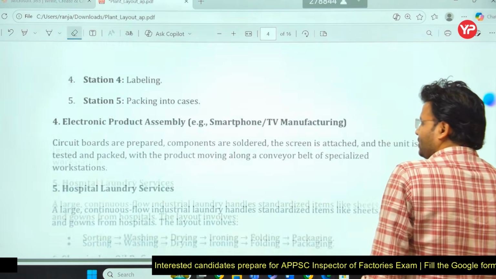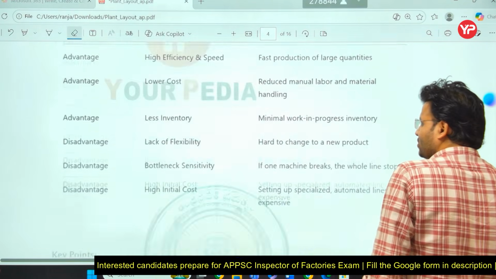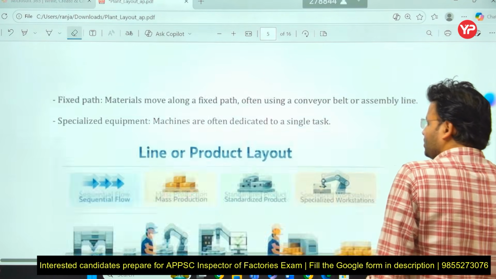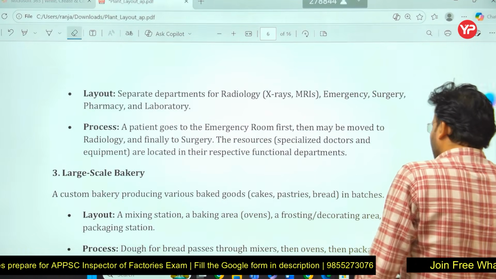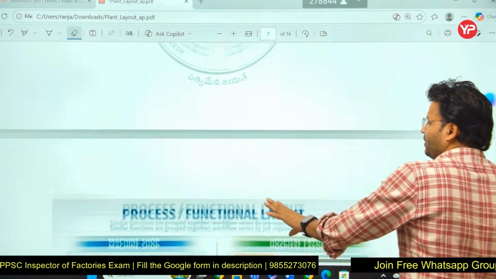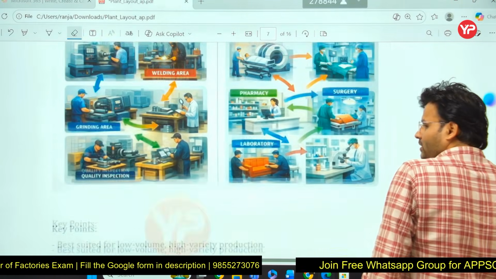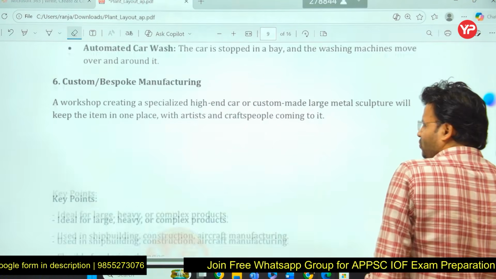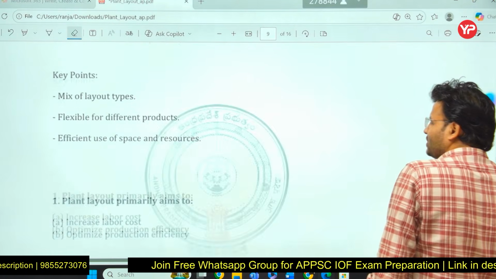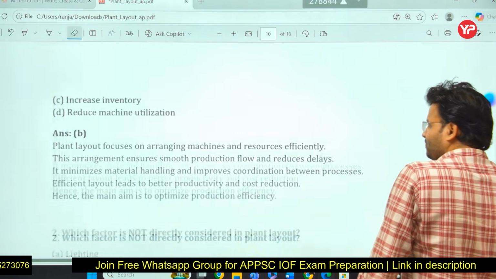We will start from the very basics, assuming you don't know anything about the factory inspector syllabus. After the content is covered, we will see the MCQs that have been asked, or are expected to be asked, in your exam.